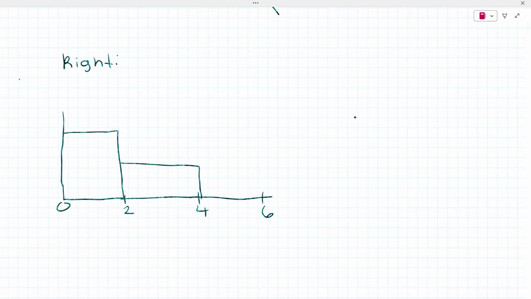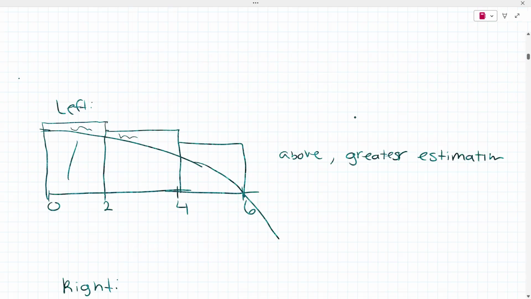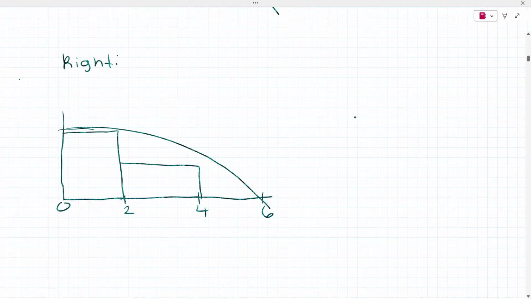So this would be the right. And yeah, wait, so keep it, this is the left, right? And then the right is here. So it looks like you have a less than or an underestimate.